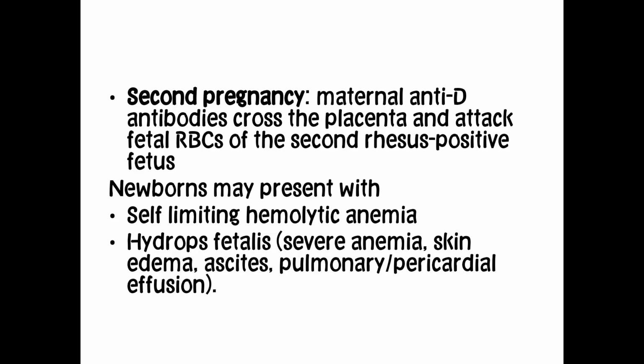In summary, in the first pregnancy, a rhesus negative mother is carrying a rhesus positive fetus, and during the labor period, there is a mixing of the fetal blood with the maternal blood, and after that, the maternal blood detects the presence of rhesus positive cells which are incompatible with the mother's blood, which is rhesus negative, and as a result, immunoglobulin type G is produced and remains in the maternal blood as memory cells, awaiting a future reaction in order to respond accordingly.